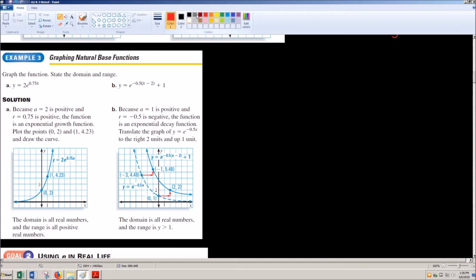Looking at this first one, our A value is 2, our B value is E, our H value is 0, our K value is 0. All the same stuff that we were doing before.